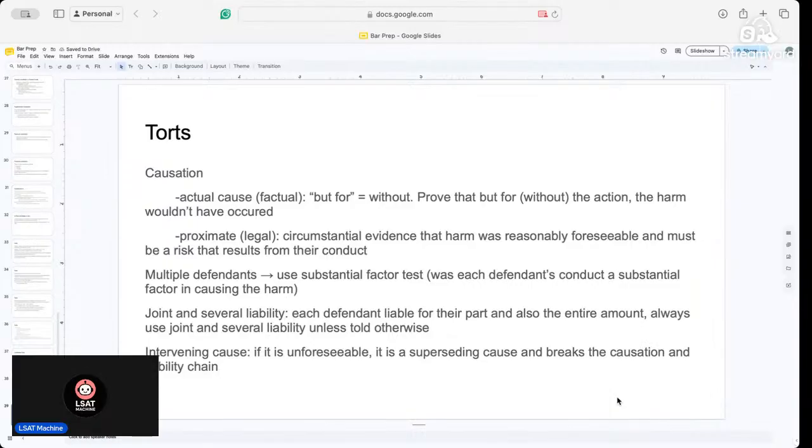Meaning if the cause is so unforeseeable, it just changes the entire effects of whatever happened. It is a superseding cause, meaning it breaks the defendant's liability. Yes. Okay. I think that's going to be my last flashcard.